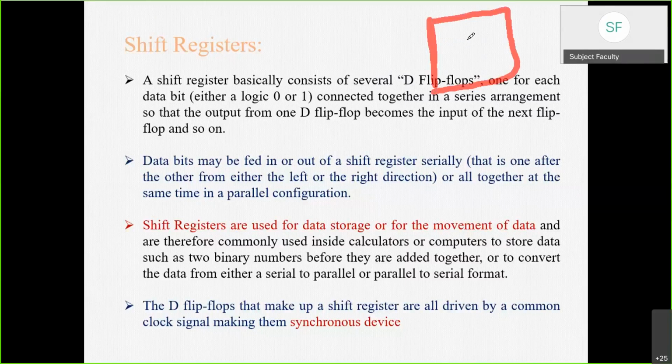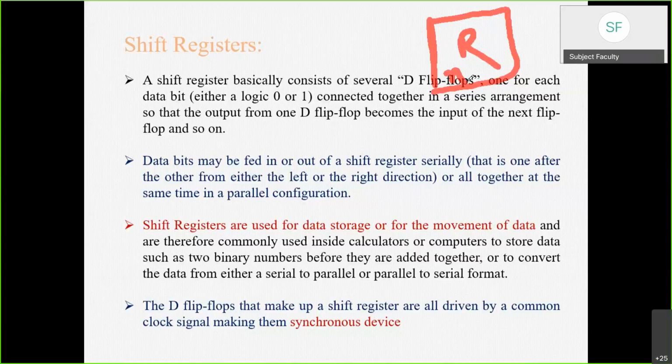So suppose this is our register again, just for the sake of understanding. Suppose my register is an n-bit register. What do you mean by n-bit register? That means it will consist of a total of n flip-flops, and it will be used to store n bits.